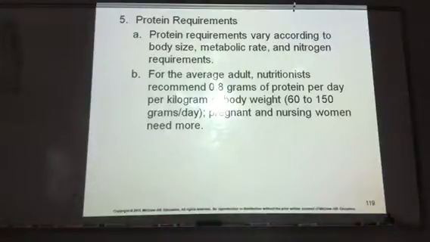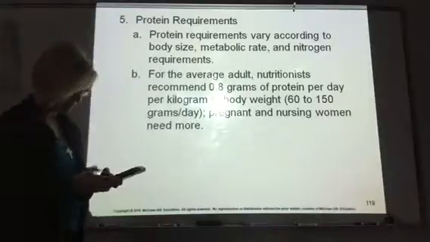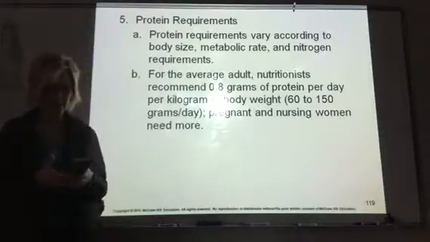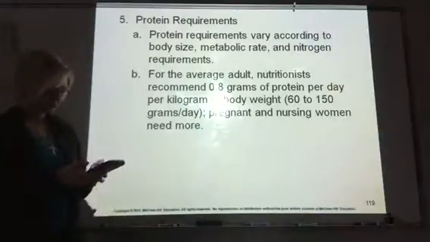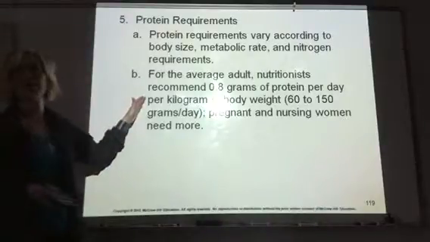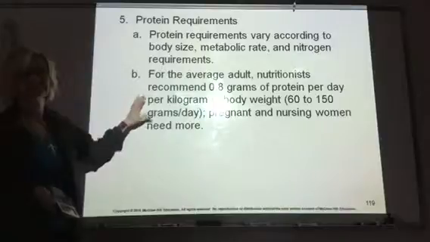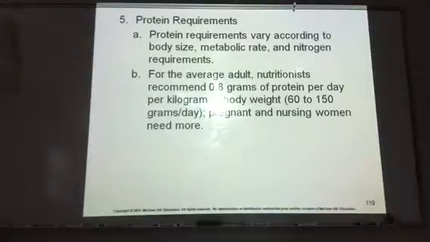So as an example, if I take my weight in pounds, divide it by 2.2, my mass is approximately 62.3 kilograms. So if I take that number times 0.8, I need close to 50 grams of protein per day. And like I said, that's a recommendation. It depends on your level of activity and other things.